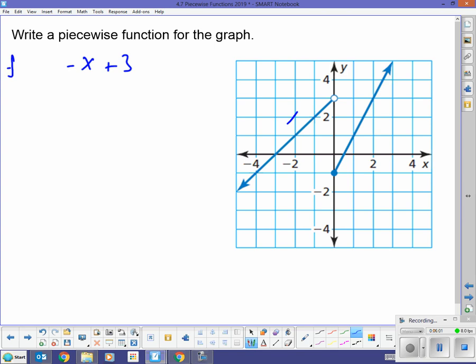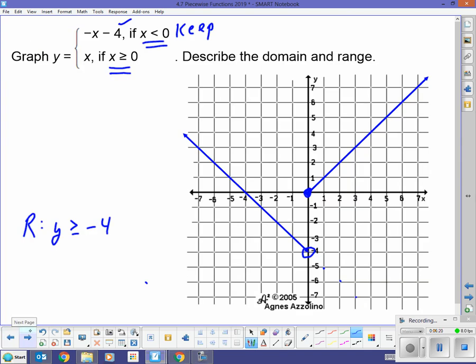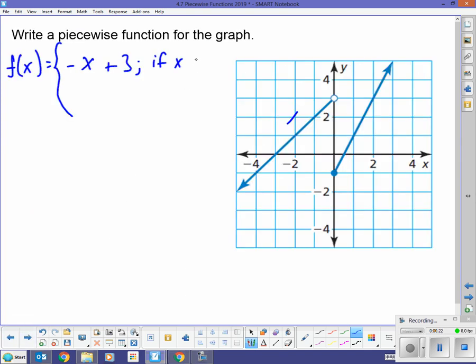I'm going to start with f of x equals, and put a bracket like that. It's going to be -x plus 3, if x is, this open circle, less than 0.